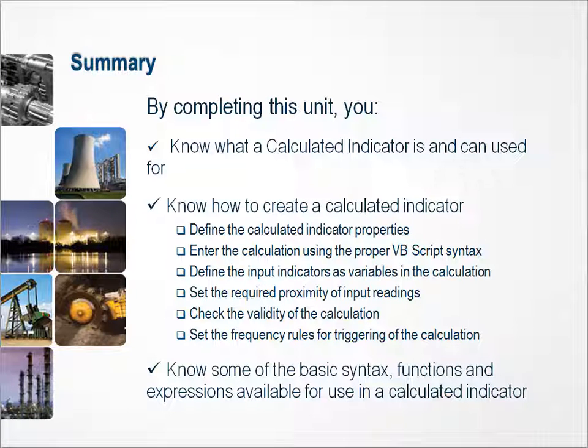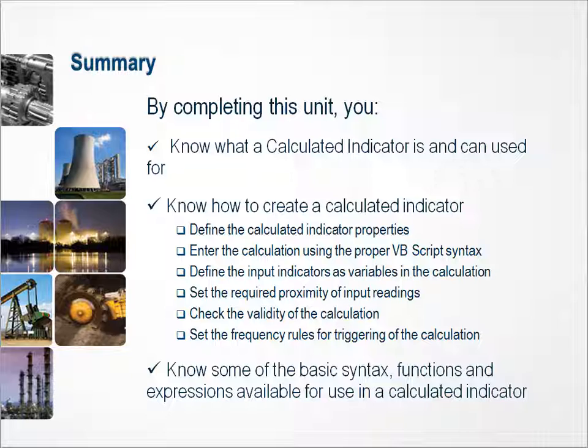By completing this unit, you should know what a calculated indicator is and can be used for, know how to create a calculated indicator, defining the indicator properties, entering the calculation using the proper VB script syntax, define the input indicators as variables in the calculation, set the required proximity of inputs, check the validity of the calculation, and set the frequency rules for triggering of the calculation.